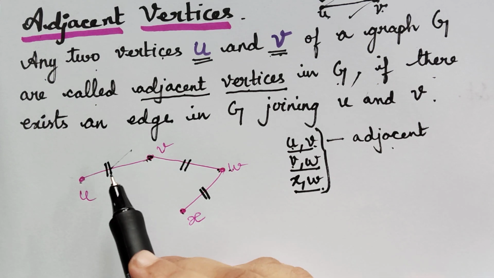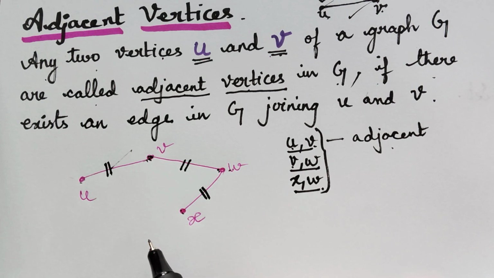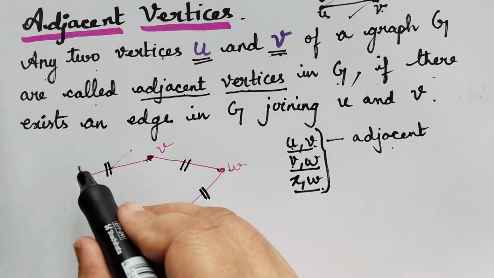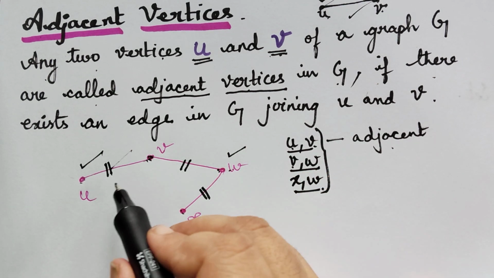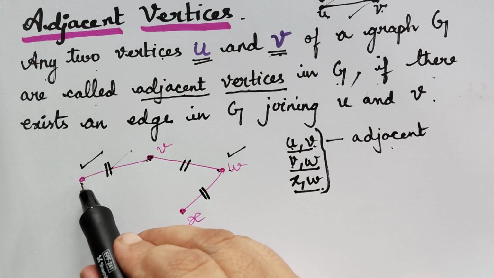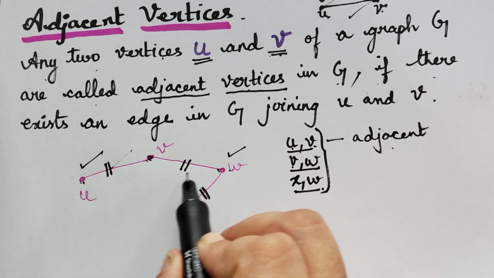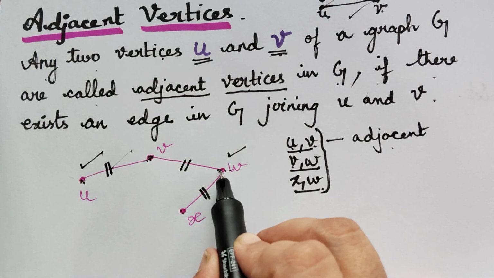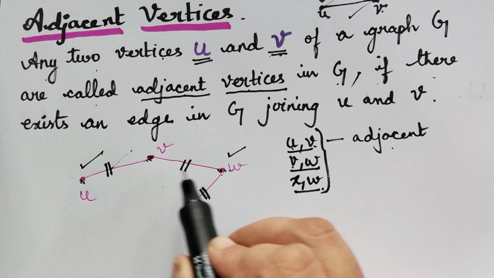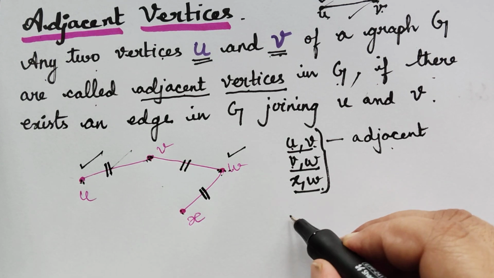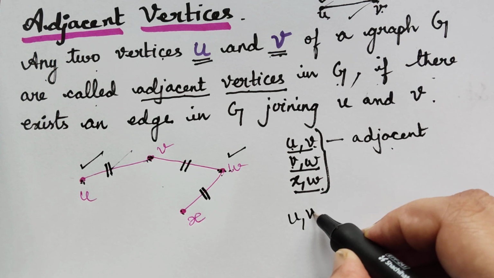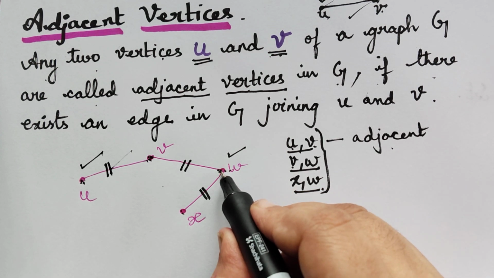Can you tell me which are the vertices which are non-adjacent to one another? If you see, u and w are non-adjacent to one another because they do not have a direct edge between them. So if there was a straight line joining these two vertices, then they would have been adjacent to one another. But since we don't have one, u and w are non-adjacent to one another.